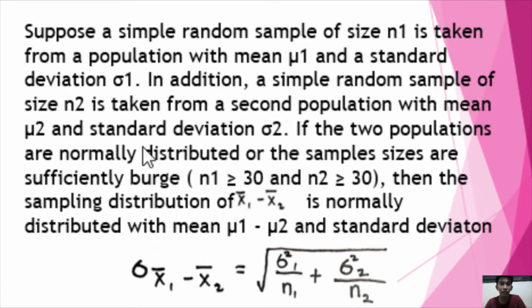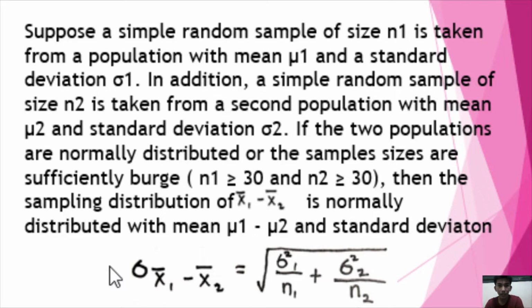If the two populations are normally distributed or the sample sizes are sufficiently large, that is, n sub 1 is greater than or equal to 30 and n sub 2 is greater than or equal to 30, then the sampling distribution of x bar sub 1 minus x bar sub 2 is normally distributed with mean mu sub 1 minus mu sub 2 and standard deviation.